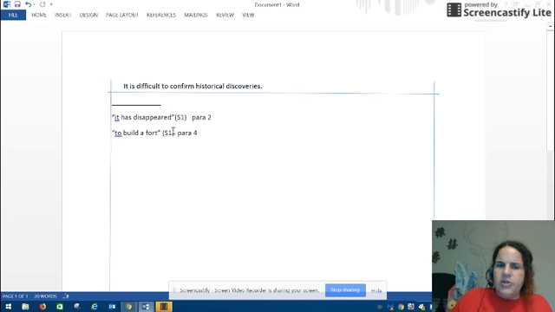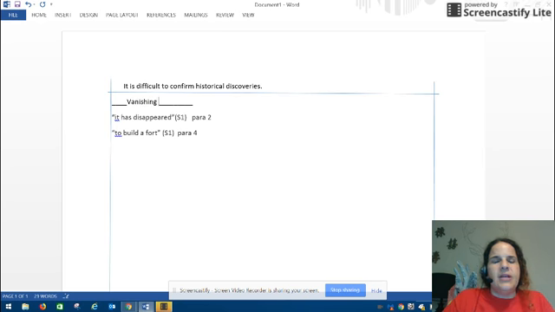So remember, when you use this model, if you come across a quote that doesn't fit with your existing quotes, you need to stop and find a main idea for these quotes. Well, this has to do with evidence not being there anymore. Okay, so I'm going to say that it has to do with vanishing evidence. That's the main idea that links these existing quotes.